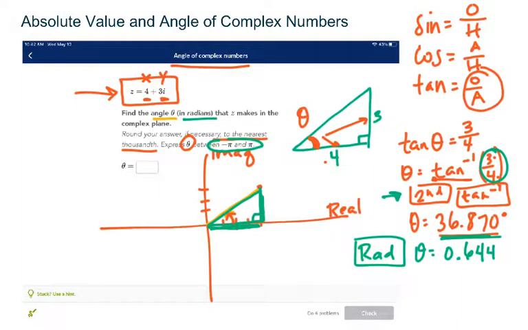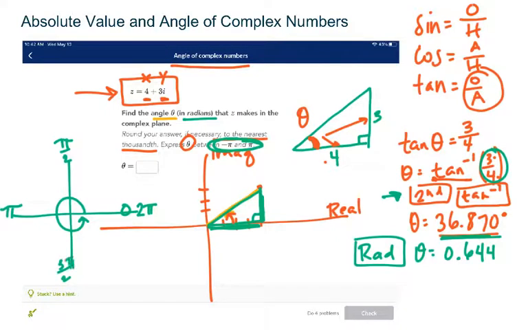And when they say between negative pi and pi, just as a reminder, going all the way around a graph would be 2 pi. So if you start here at 0, this is half pi, this is pi coming over here, and then this is 3/2 pi.